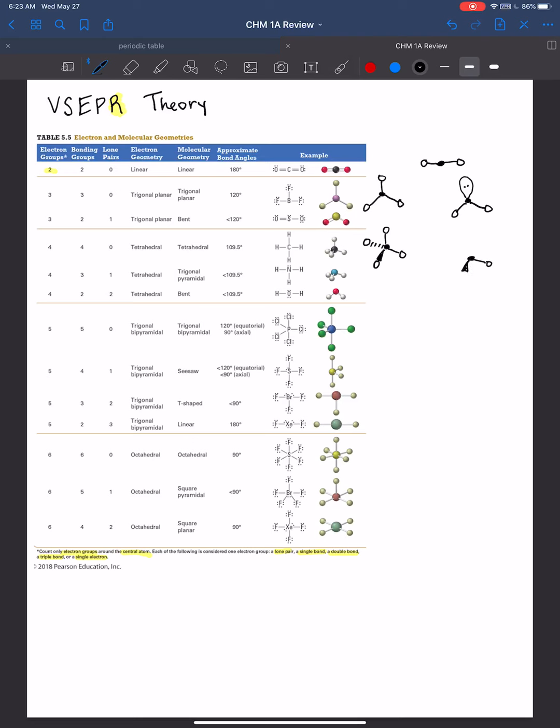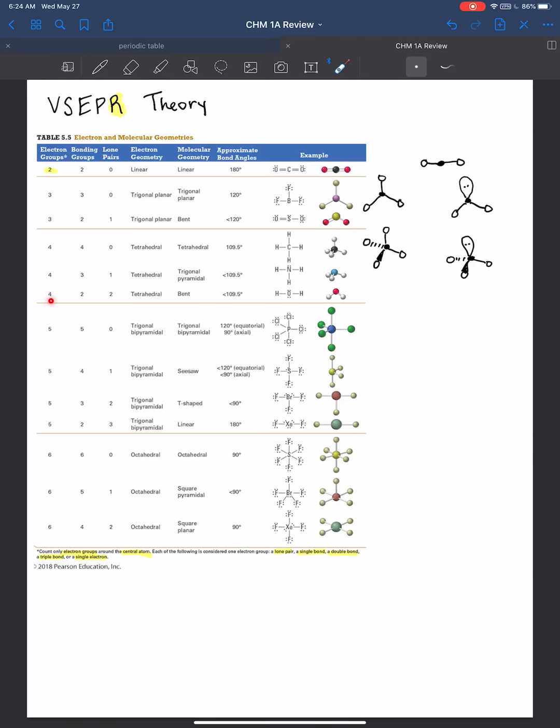I'm going to make 3 of the bonded groups, and when I replace one of the bonded groups, I replace the top one with a lone pair. If you were to build this model, you can see it maybe a little better here, it's a triangle base, but there's a point to it. It looks like a pyramid, and so that's why this one's called trigonal pyramidal.